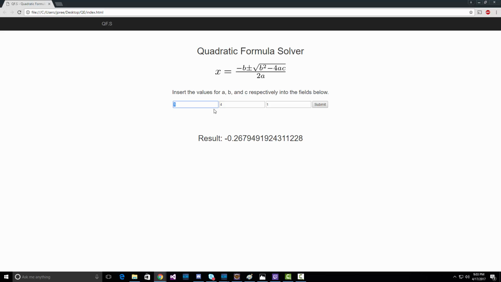So for an example, if we do 0 for A, 0 for B, and 0 for C and hit the submit button, this will come back a little bit quicker because there aren't as many calls to make. We get no solution. If we're dealing with imaginary numbers, there might be one, but in this case we're just going to say that there is no solution.